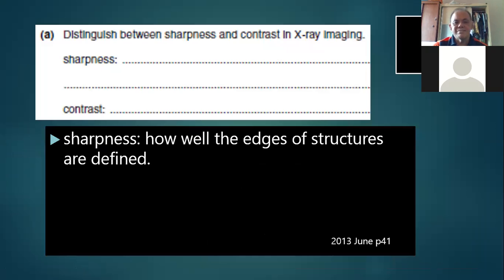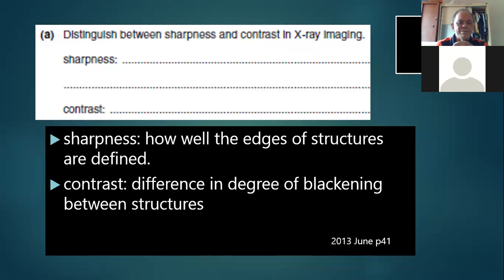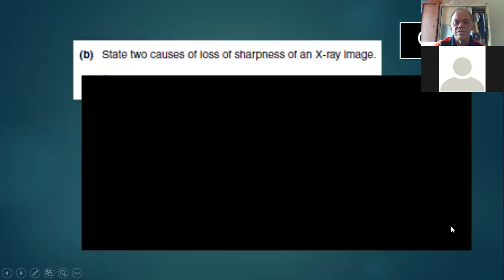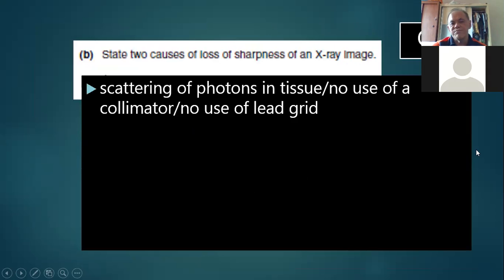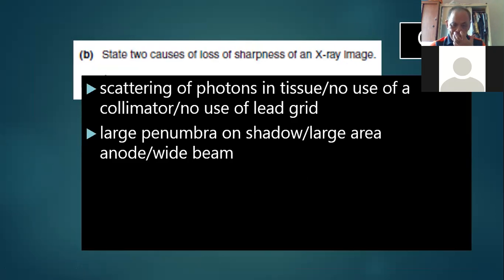Sharpness: memorize, how well the edges of the structure are defined. Contrast: the difference in degree of blackening between structures. Memorize. This is June paper 41: what causes the loss of sharpness of an X-ray image? Scattering of photons in tissue, or if we don't use a grid or a collimator, or because the target is too wide and not a point source.